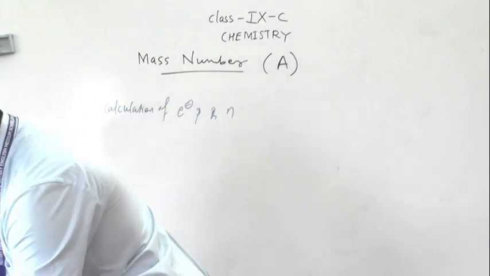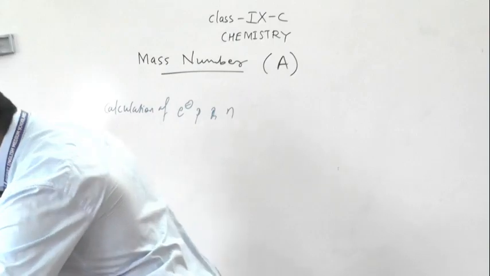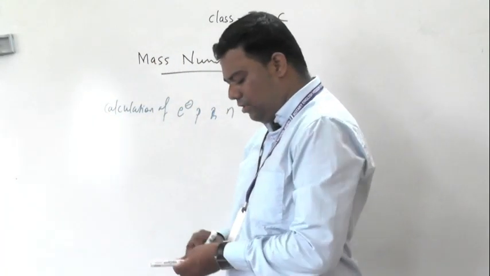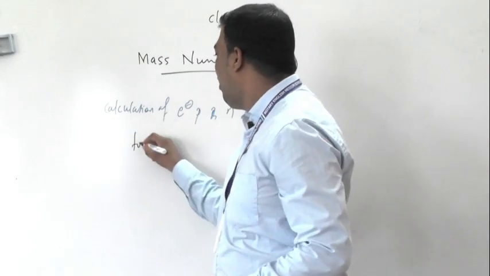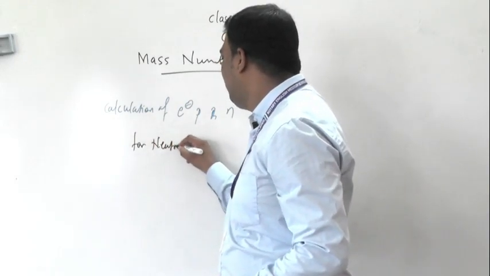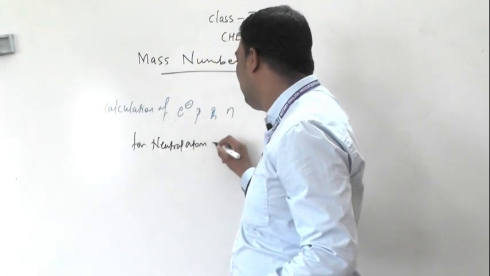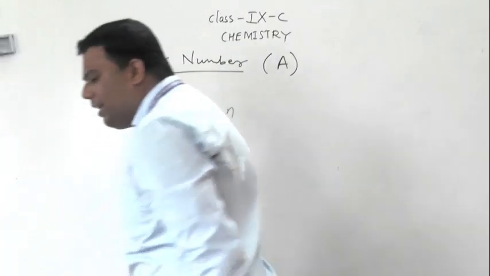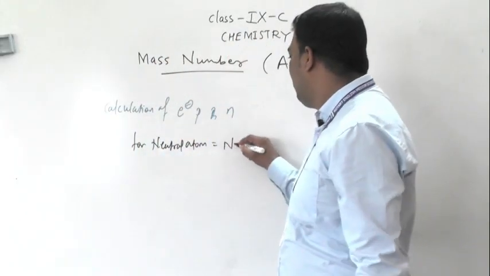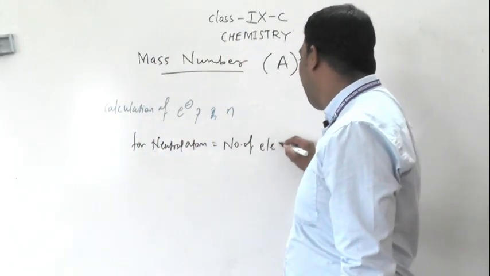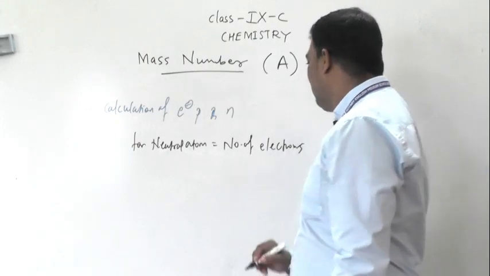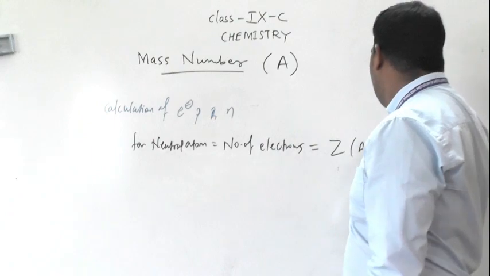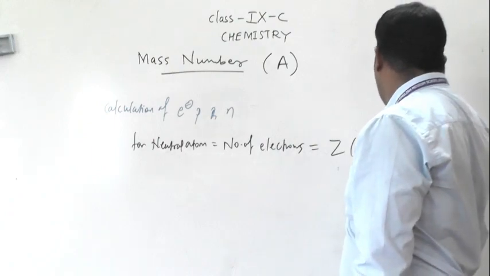So how can you calculate here? For a neutral atom, the number of electrons is Z. Z means atomic number.